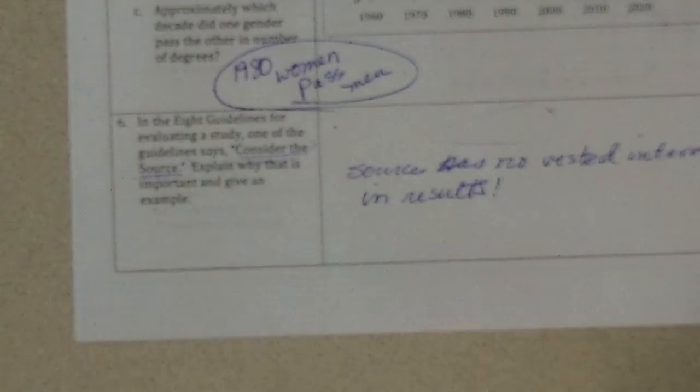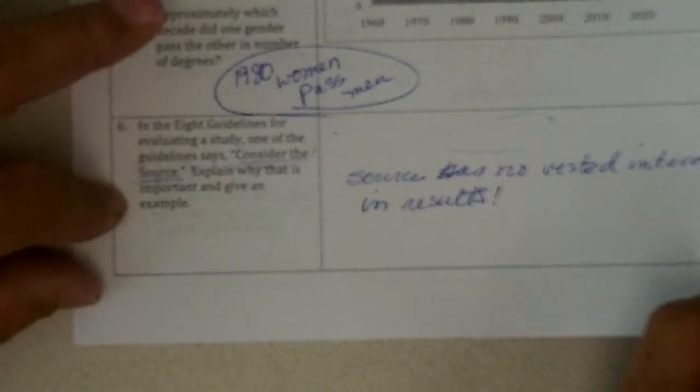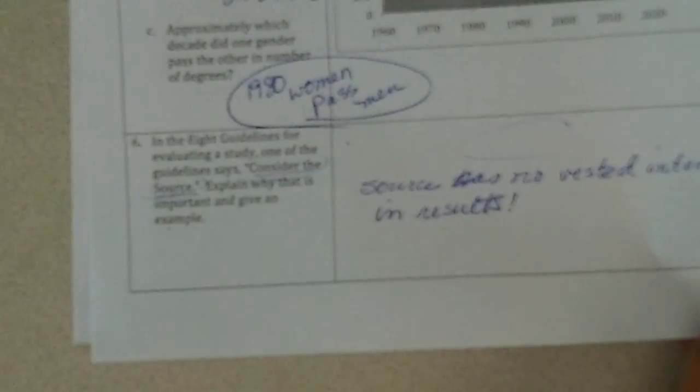Conservative poll takers will probably skew it towards Trump. Liberal poll takers would probably skew results towards Clinton. So you've got to consider the source. If you were looking at presidential polls, is it a poll that isn't pro-liberal or conservative, Democratic or Republican or whatever, to make sure that you're getting a just picture. Okay, so that's number 6.